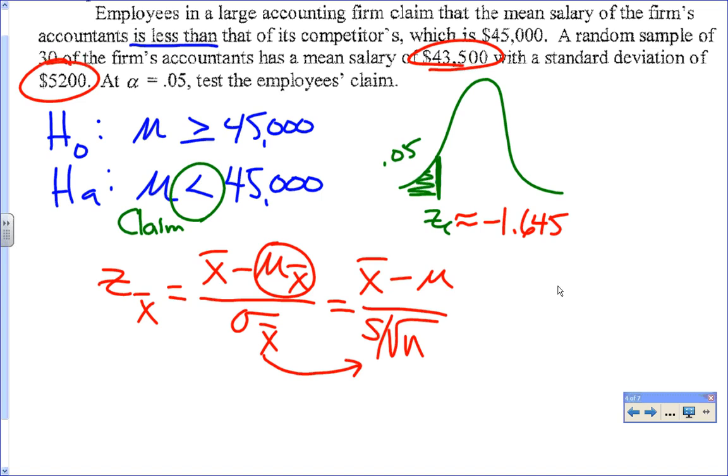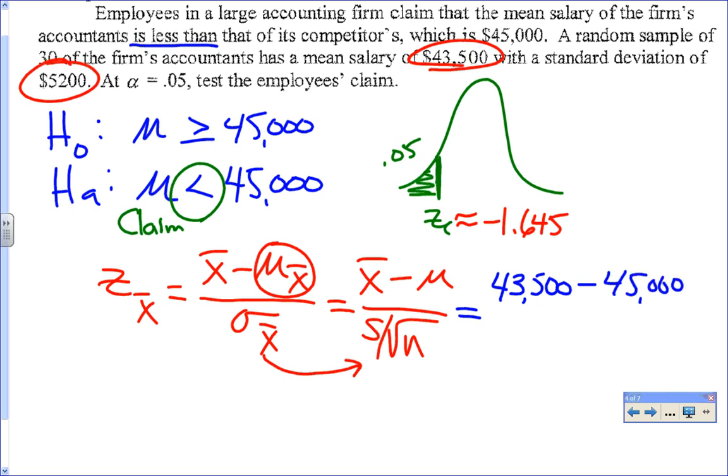So let's do that. What's the x bar that we have here? Well, it's the 43,500, right? That's what they told me theirs was. Got to write the right numbers, though. Minus the mean they would like me to compare it to, which is 45.